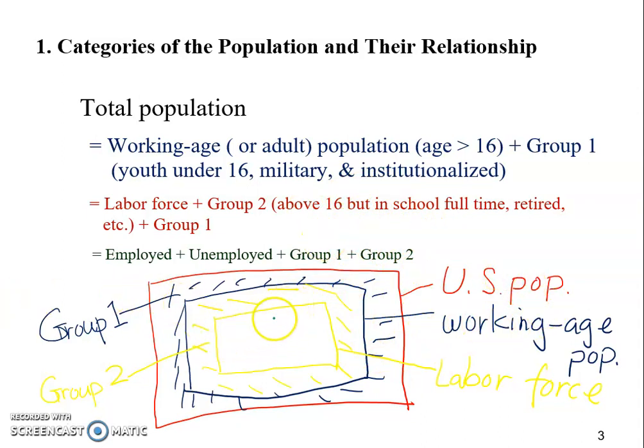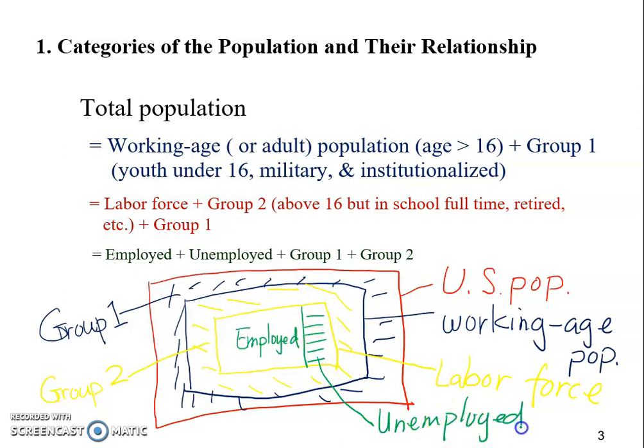We know that most of them are going to be employed, but there is still a small portion within the yellow box who are unemployed. So this Venn diagram hopefully can help you better understand the relationship among these different demographic groups.